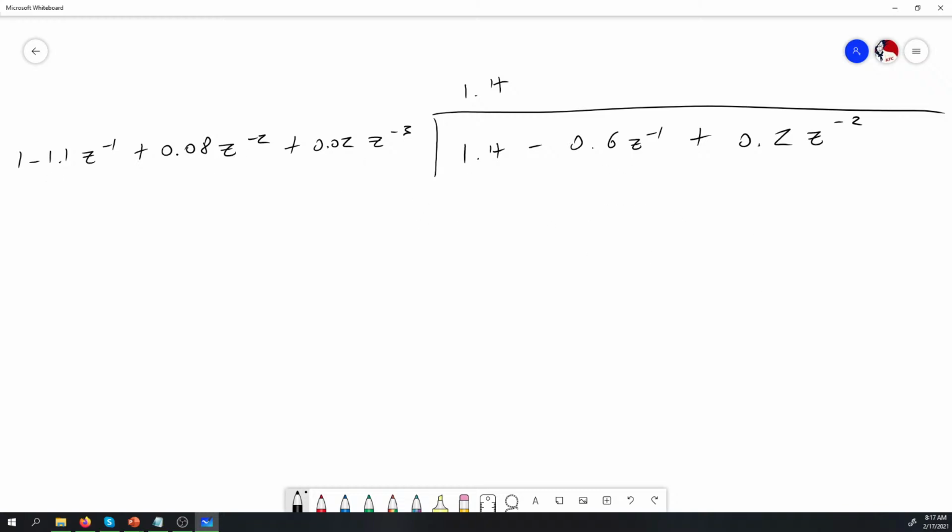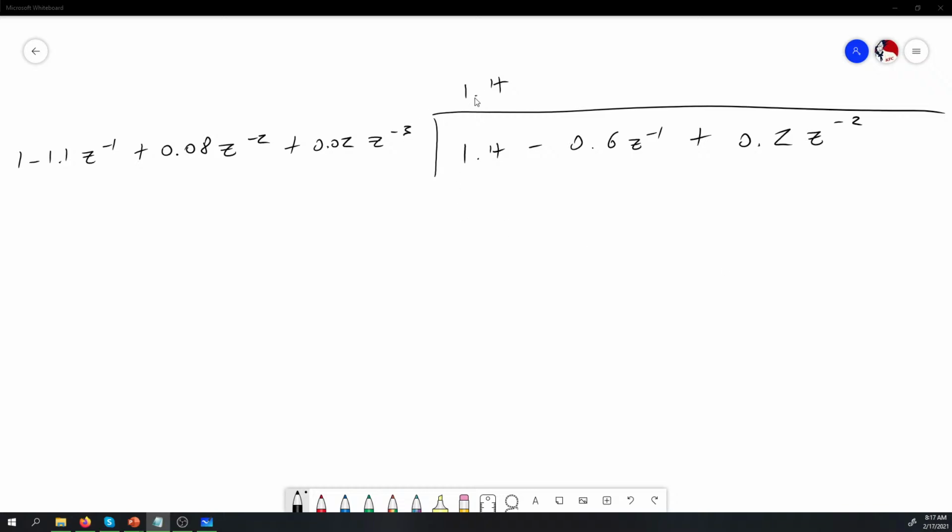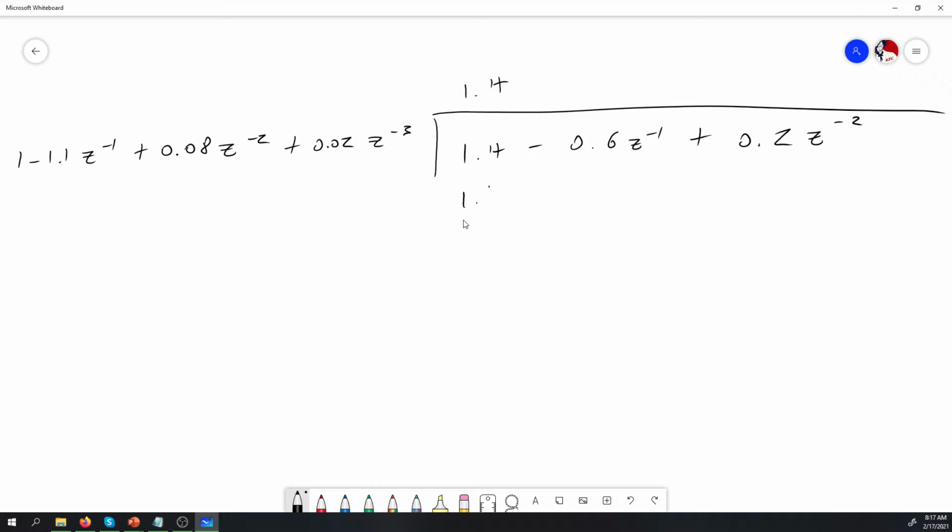So in particular, 1.4 here is going to be multiplied by 1, which is going to give us a result of 1.4. 1.4 multiplied by negative 1.1 z to the negative 1 gives us minus 1.54 z to the negative 1. 1.4 multiplied by 0.08 z to the negative 2 gives us a result of positive 0.112 z to the negative 2.